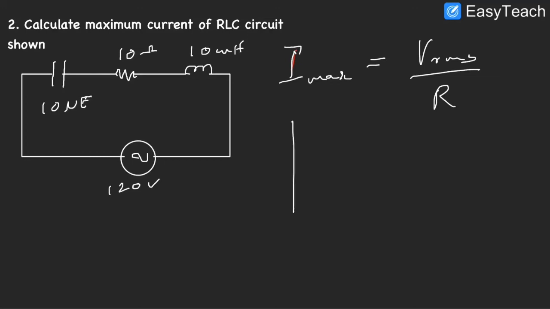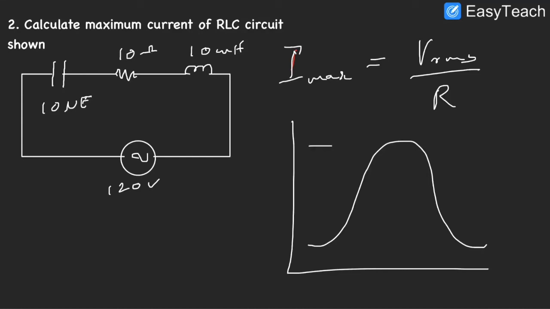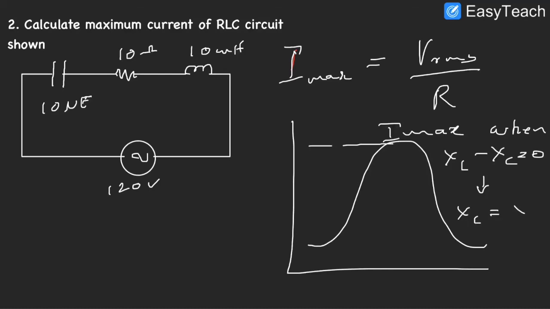If you look at the curve, this is your I max, and it occurs at resonance when XL minus XC equals 0. That's a fancy way of saying XL equals XC. So when XL equals XC, that's when you have your maximum current.